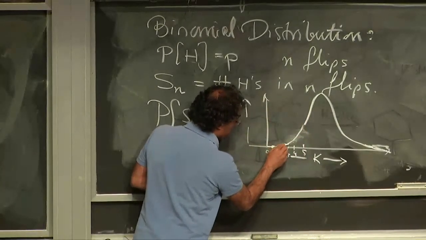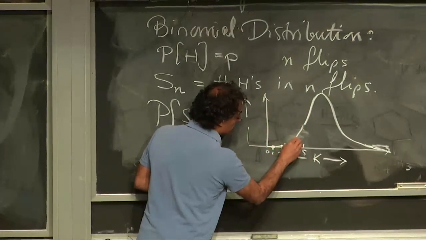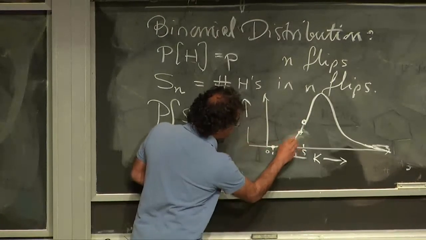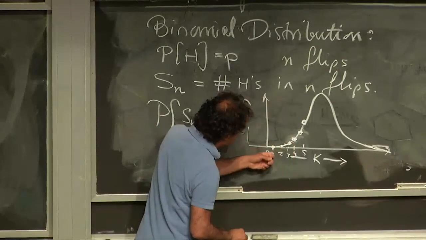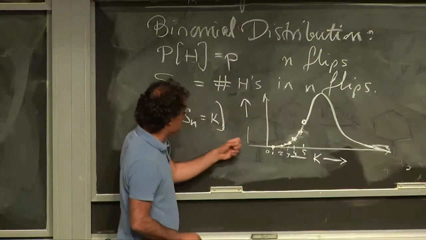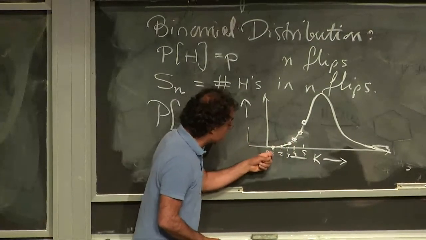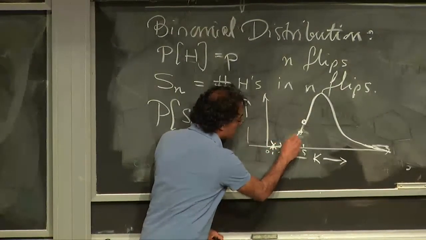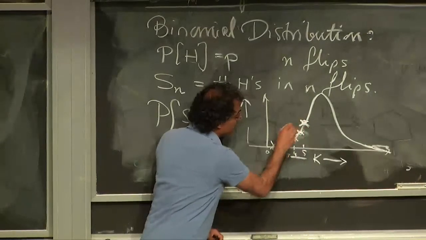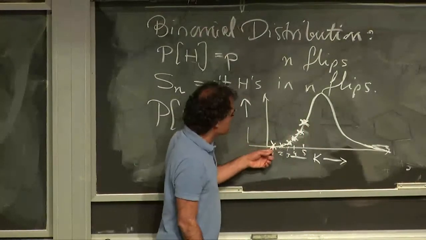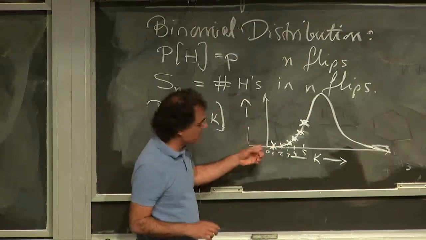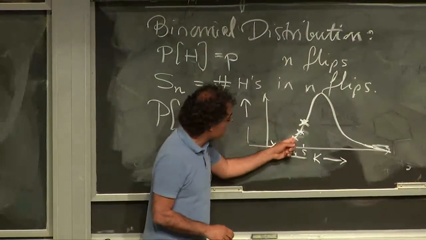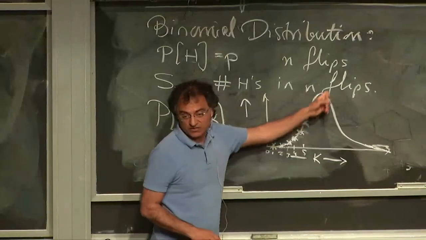It just looks like what's the value at 0, 1, 2, 3, 4, 5, and so on. That's what the probability distribution is. It's the probability S sub n equals k for k equal to 0, 1, 2, etc. So the probability distribution function is these crosses. But let's just blur our eyes and look at it as a continuous curve. That's the rough shape of it, but the distribution function is really these crosses.